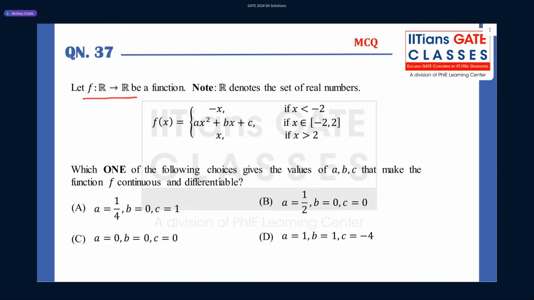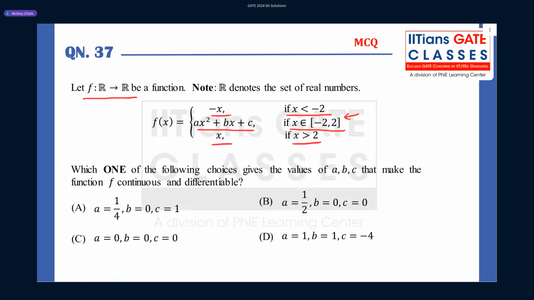For x values which are less than -2, it is minus x. When x belongs to -2 to +2, it is a quadratic function of the nature ax square plus bx plus c. When x is greater than 2, it assumes a linear form, f of x equal to x. These close brackets indicate that at x equal to 2, the function is quadratic and not f of x equal to x.